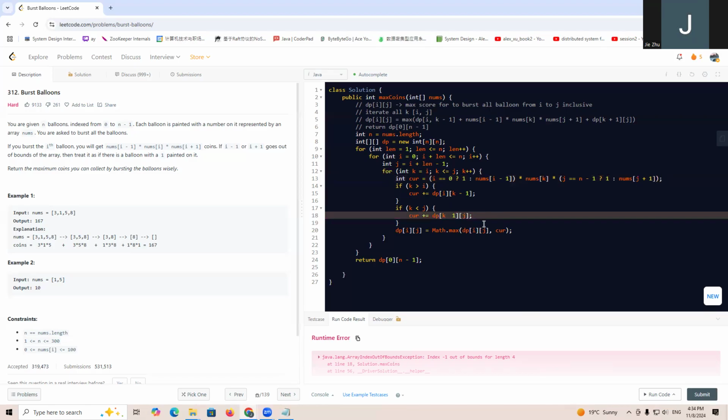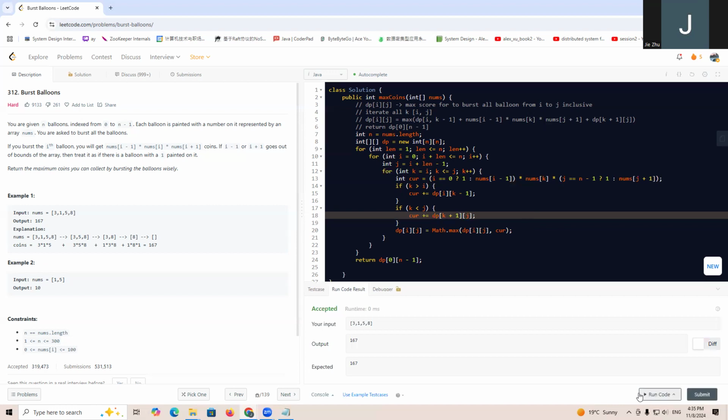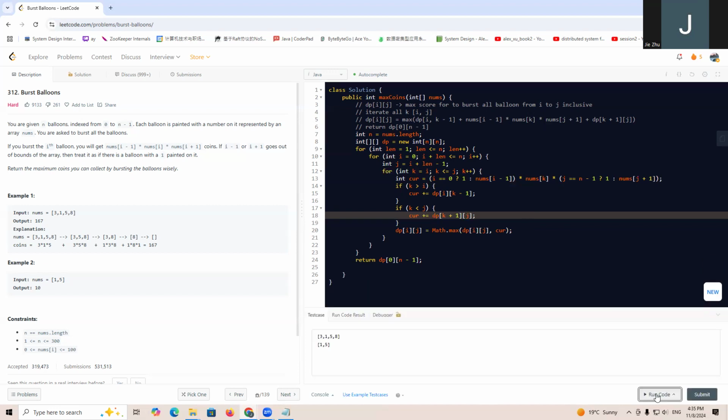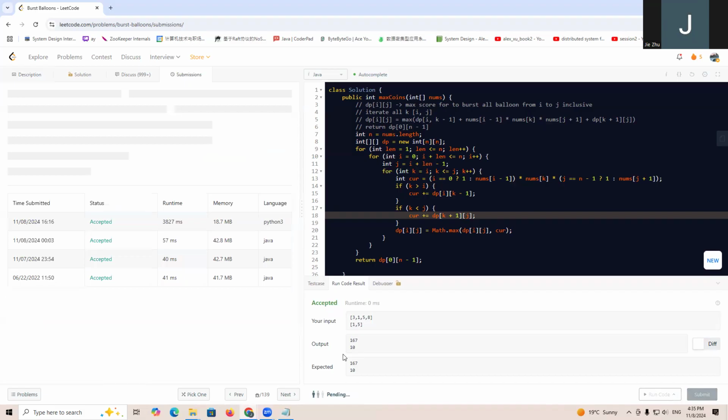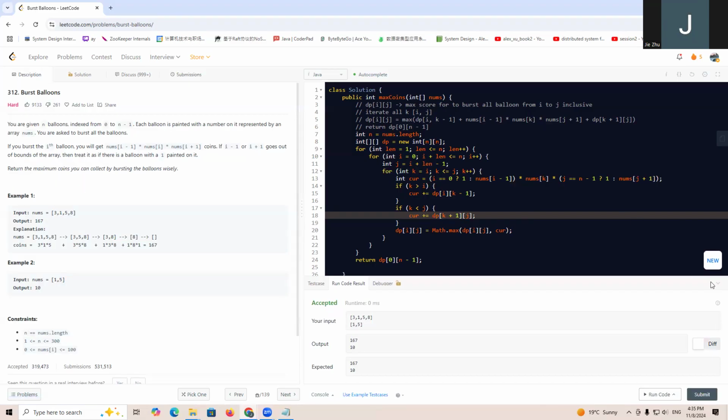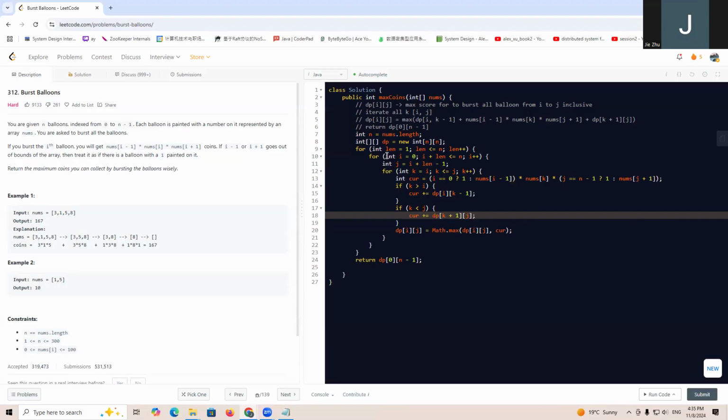This is k plus 1. Doing it like this, we iterate over length I, so this is like iterating with two for loops, and then k, which will be the divider.